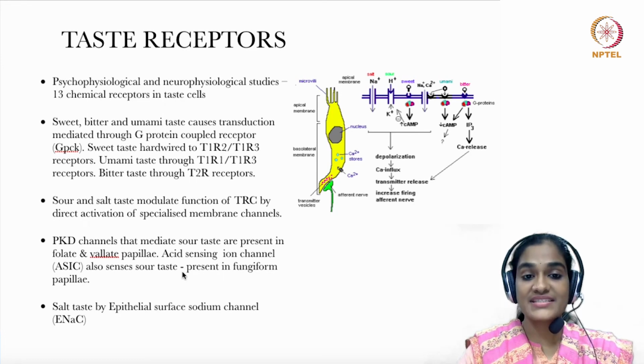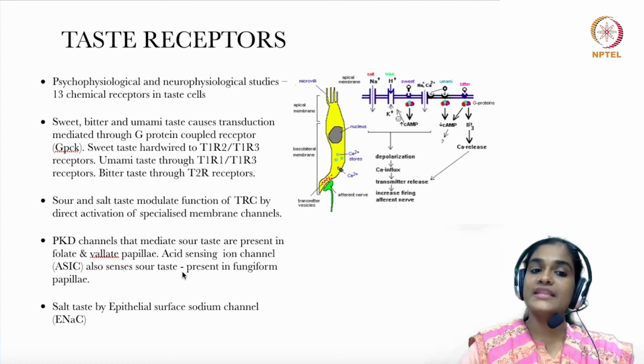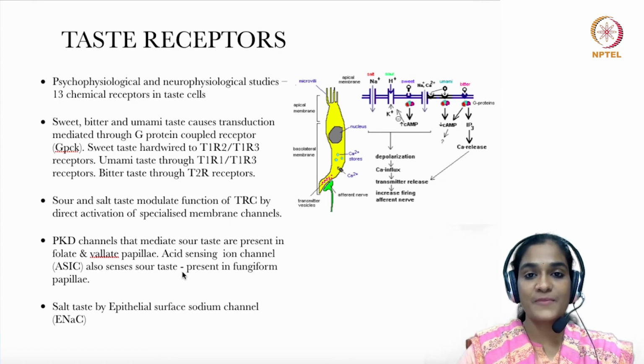The sweet taste is linked to T1R2 and T1R3 receptors, umami taste to T1R1 and T1R3 receptors, and bitter taste is transduced through T2R receptors. These sweet, bitter, and umami taste receptors are found in the type 2 taste cells.